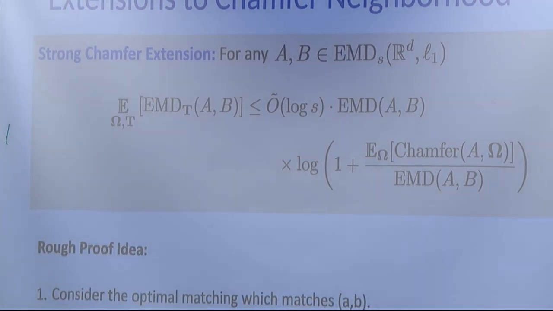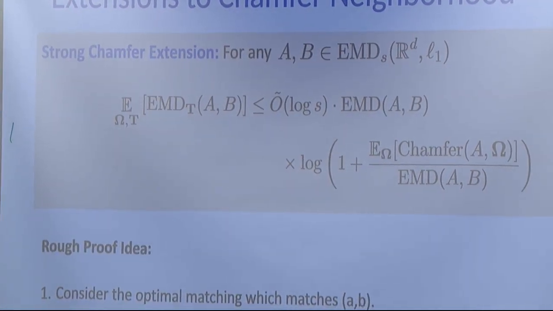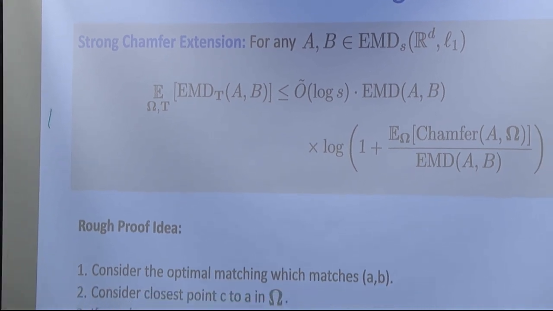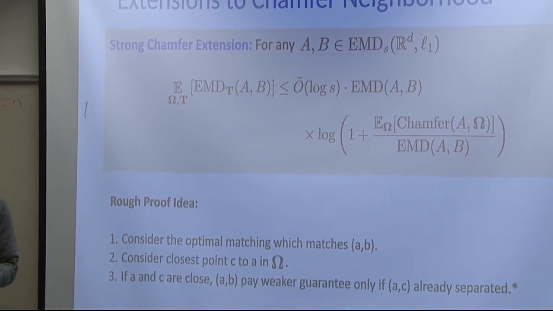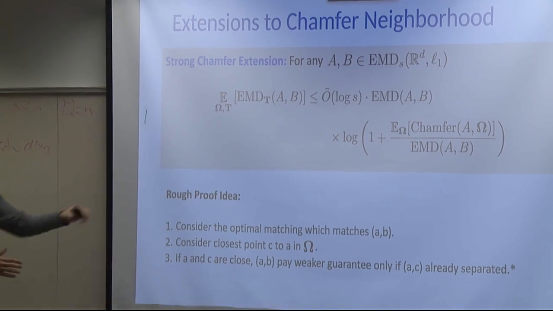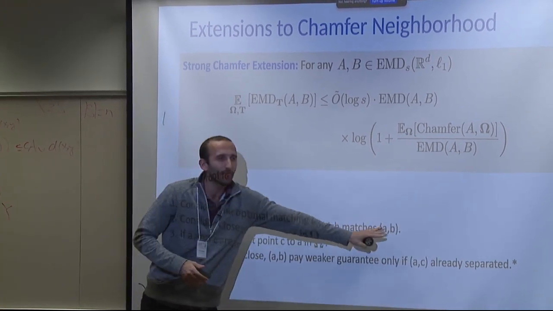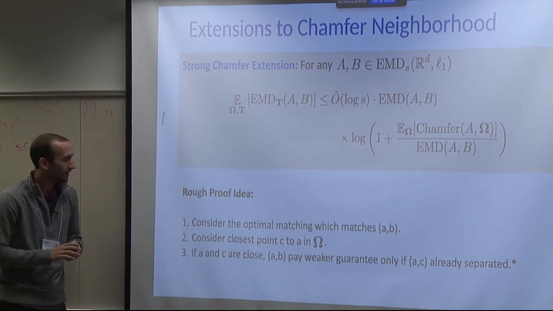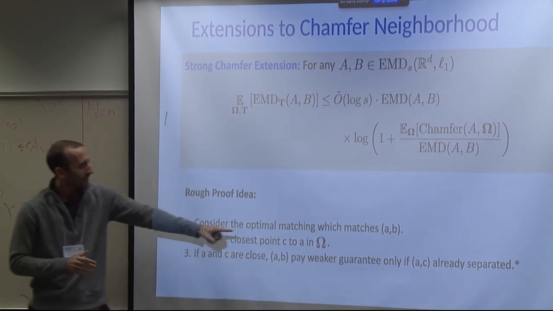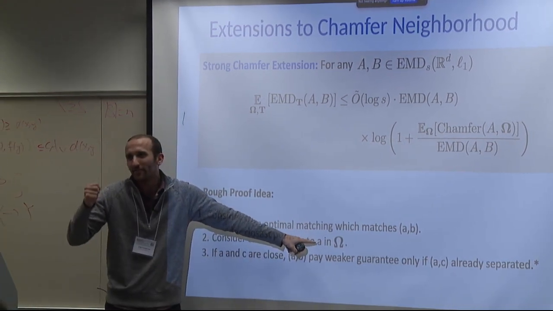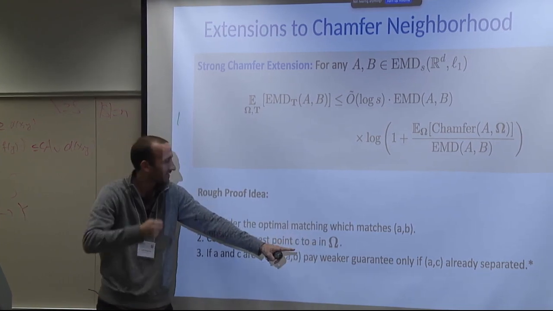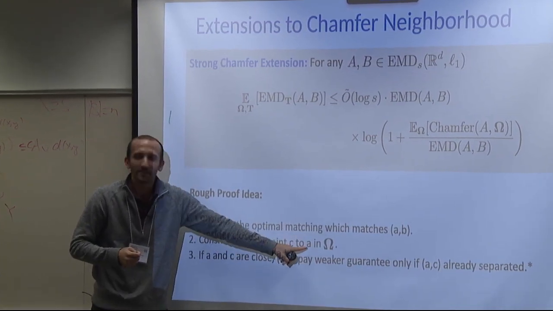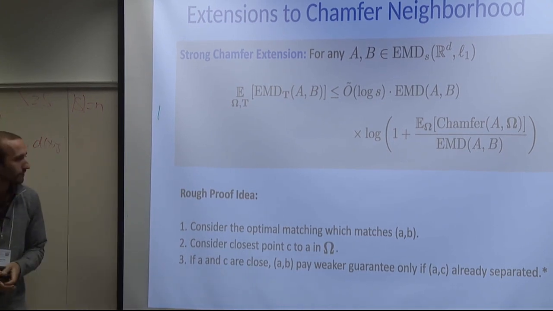Okay? And maybe a very rough proof idea is to just see what is probabilistically happening with this tree and to consider the optimal matching. Imagine A matches B. Okay, so two vectors that should get matched to each other. You want to think of transferring A into omega. So C is the closest point to A in omega.